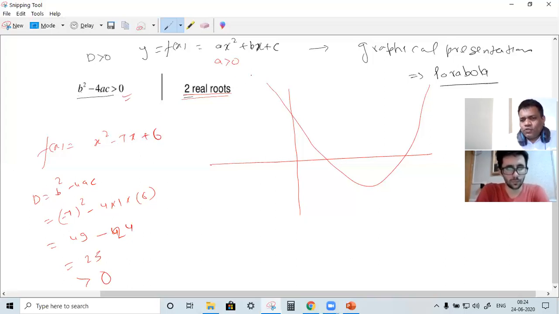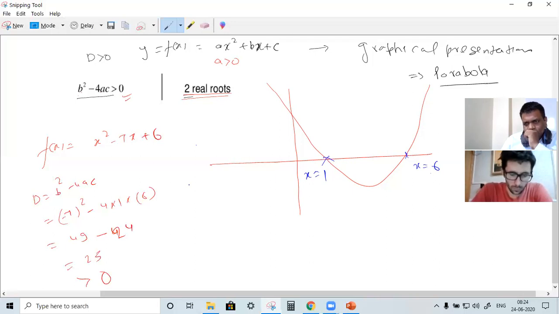So we are supposed to get two roots, and the roots are what? You remember we already saw. So x is equal to 1 and x is equal to 6. It means wherever it cuts the x axis, this is x equal to 1 and this is x equal to 6. When discriminant is greater than 0, we get two roots, and the meaning of this is the parabola is going to cut the x-axis at 2 points: x is equal to 1 for this particular example, and x is equal to 6.